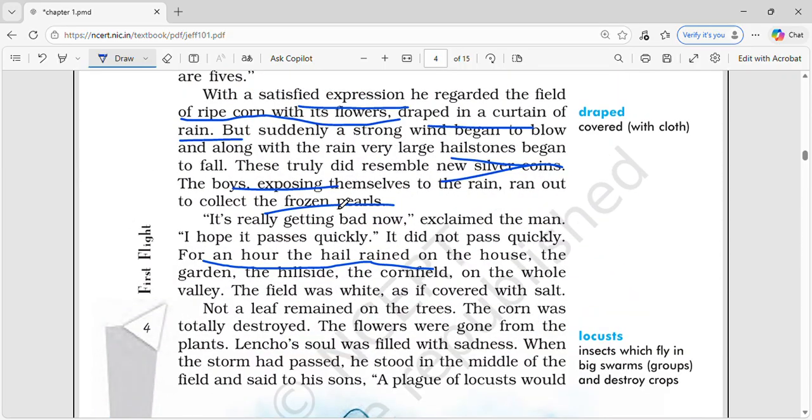So basically, over here what happened was that because it was raining and hailing, and it was snowing, the hail was so bad that all of the crops got ruined, the flowers also got ruined, everything was ruined.